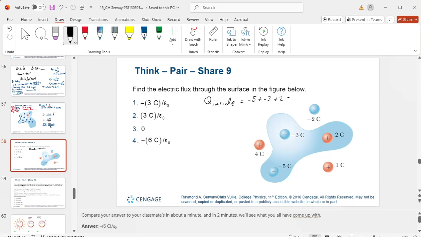And so this is going to give me -6. Okay? And these are in coulombs. And so the flux being equal to my Q inside divided by epsilon naught, this is going to be -6 coulombs divided by epsilon naught, or option 4.